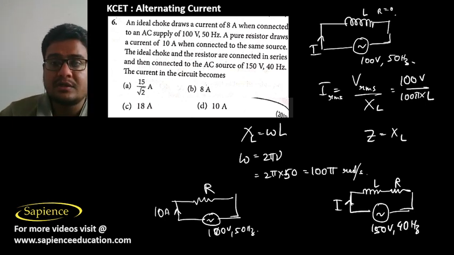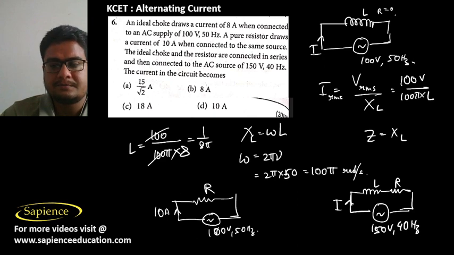So from here we can find out L. It is equal to 100 by 100 pi into IRMS. IRMS is 8. 100 will cancel, so it is 1 by 8 pi.